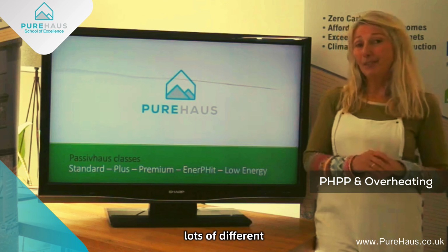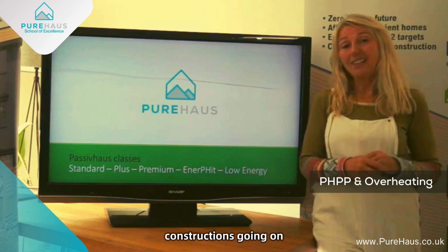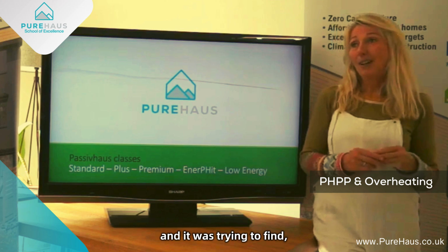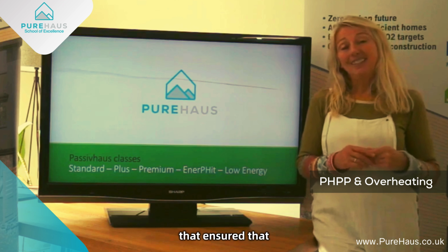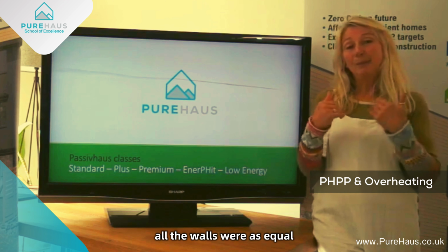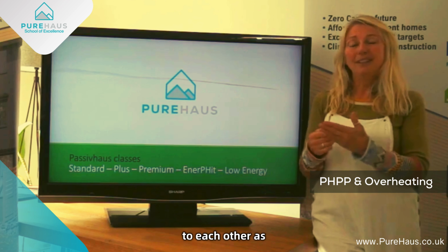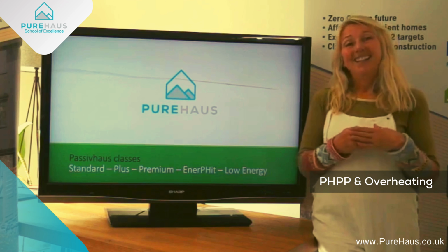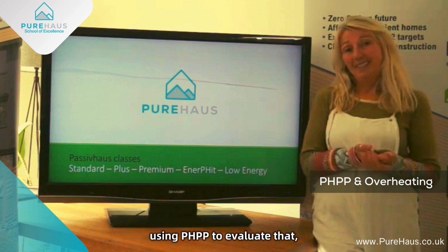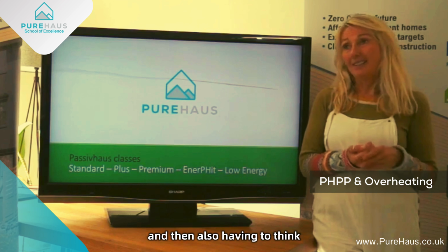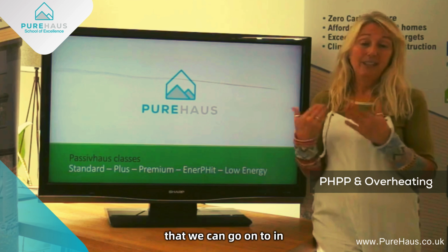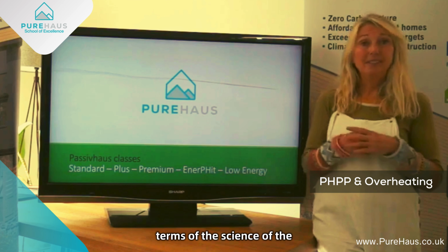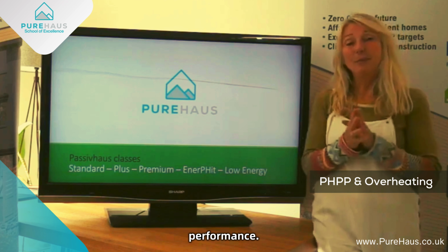So we have lots of different constructions going on, and it was trying to find a way of insulating that ensured that all the walls were as equal to each other as they could be, using PHPP to evaluate that, and then also having to think about other aspects that we can go on to another time in terms of the science of the performance.